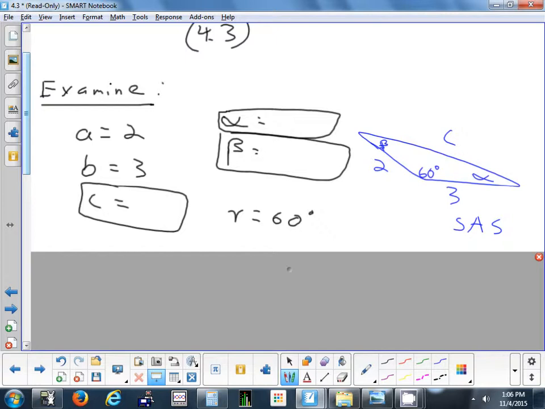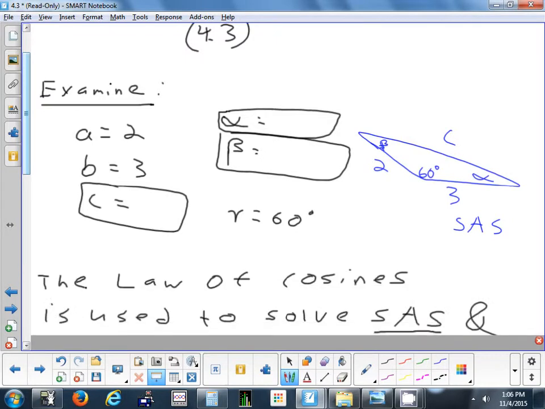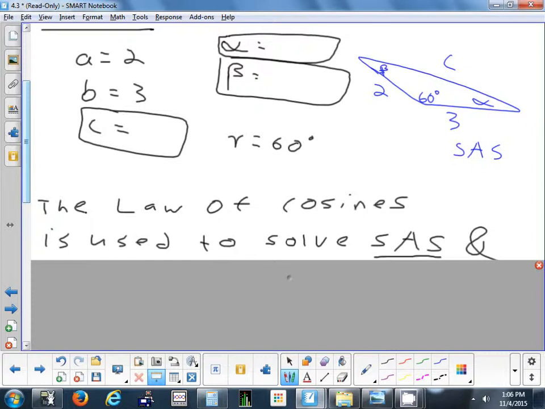If you go back and look at your notes for law of sines, that's not one of the types I said you could do. So to do that, we've got to use the law of cosines. Okay? Law of cosines is used for 2 types of problems only. This is one. Anybody think of another abbreviation with 3 letters we haven't dealt with yet?